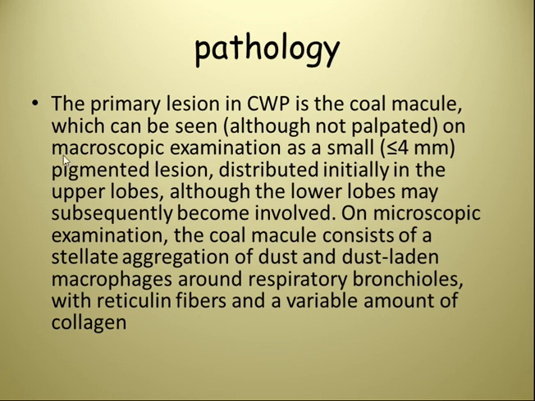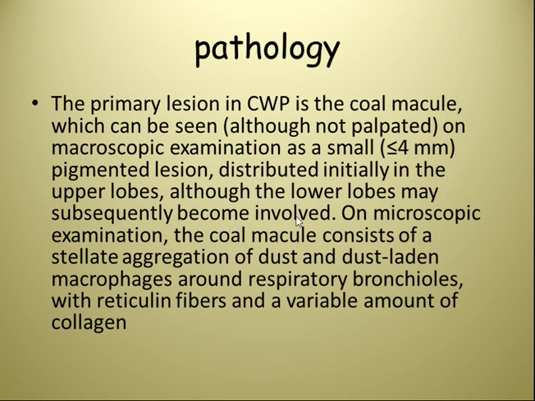Pigmented means the lesion has a color, and the color obviously is black because the coal macule consists of coal dust. This pigmented lesion, the coal macule, is initially distributed in the upper lobes. Upper lobes are found on both sides of the lungs. Initially it is distributed in the upper lobes, but subsequently, in the later stages, the lower lobes also become involved.